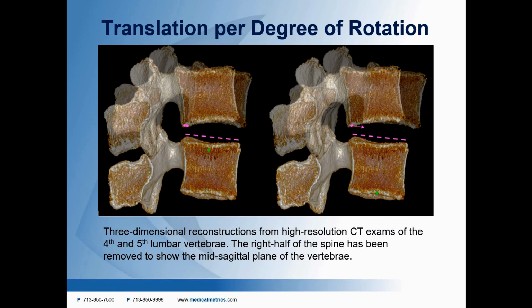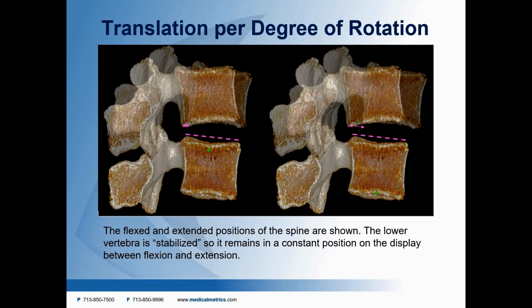This graphic shows three-dimensional reconstructions from high-resolution CT exams of the 4th and 5th lumbar vertebrae. The right half of the spine has been removed to show the mid-sagittal plane of each vertebra. The flexed and extended positions of the spine are shown superimposed to illustrate the motion of L4 relative to L5.